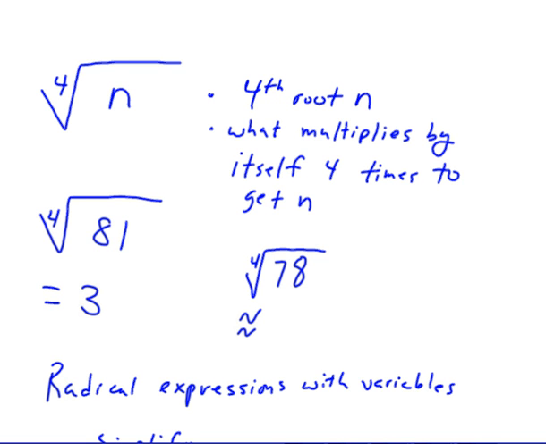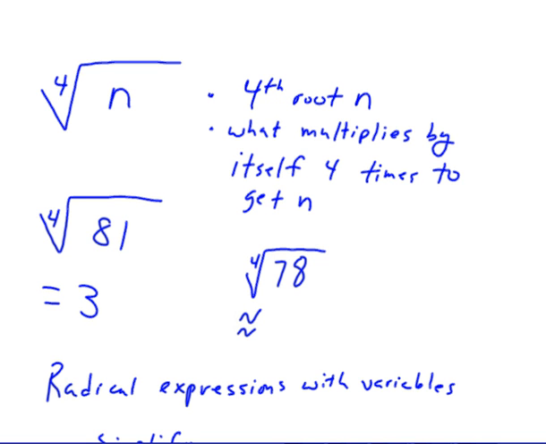So the 4th root of n is saying, what multiplies by itself 4 times to get n? What is the 4th root of 81? What multiplies by itself 4 times? 3, right? Because 3 to the 4th power will equal 81. Okay?